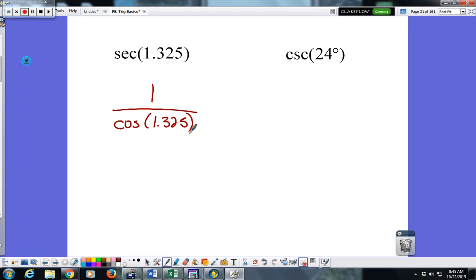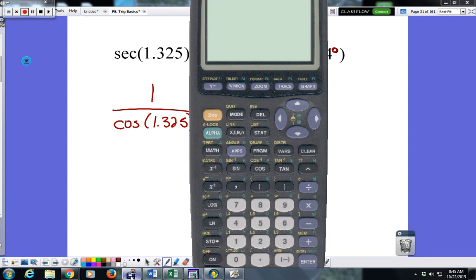I hate that I gave you this problem already. Notice something about this 24 right here, it has a little degree symbol. This is not degrees. We're going to talk about radians later on, but if it doesn't have a degree symbol, it's understood to be radians. So in order to type this in, you actually have to go back to radian mode.